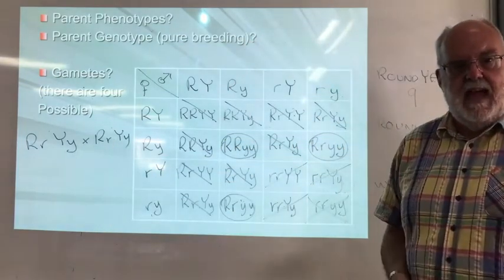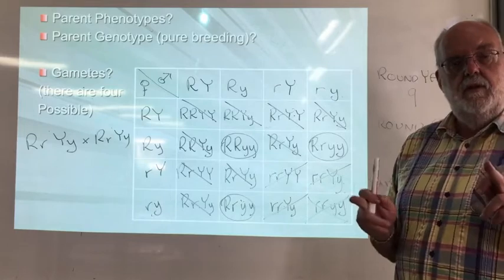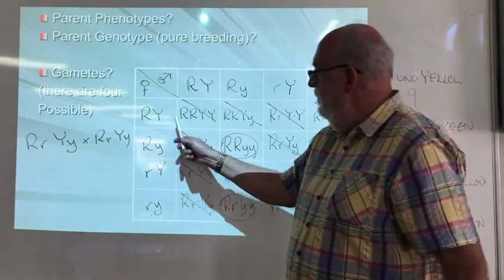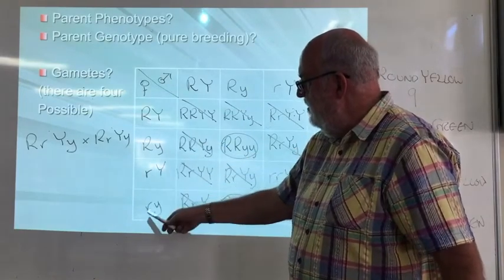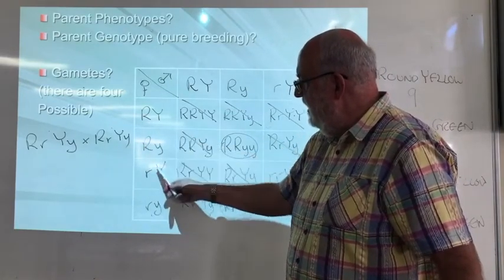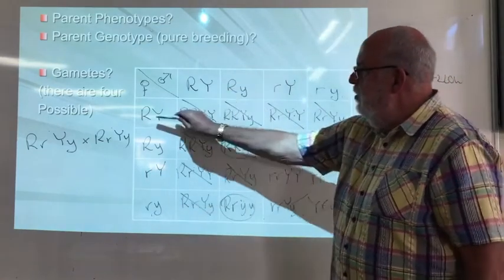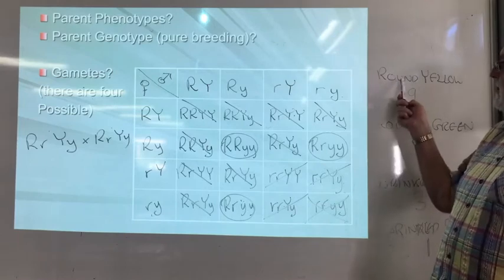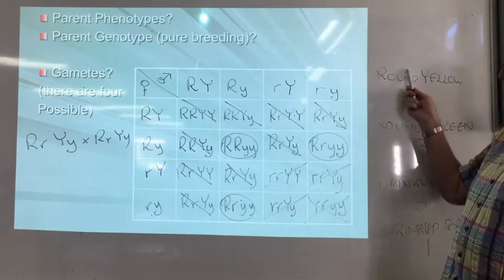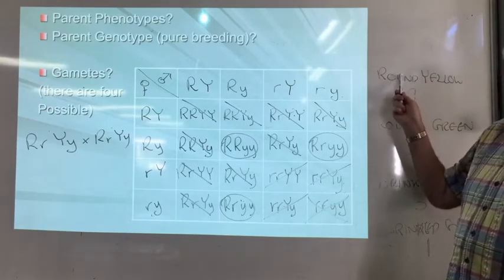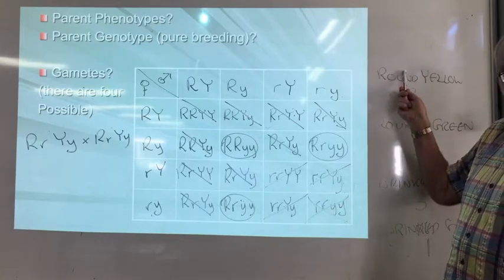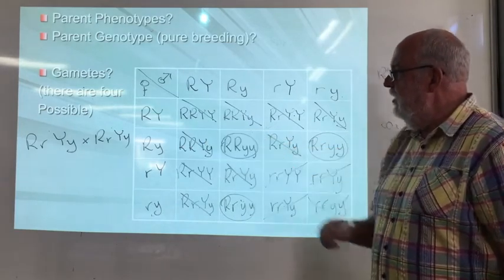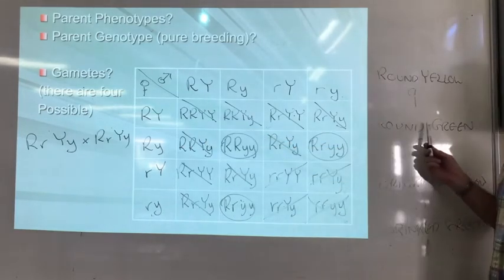Each gamete contains 1 allele for shape and 1 allele for colour. Blend them all together. In order to show the dominant characteristic in the phenotype, it's got to have at least 1 dominant allele for the shape and 1 dominant allele for the colour.